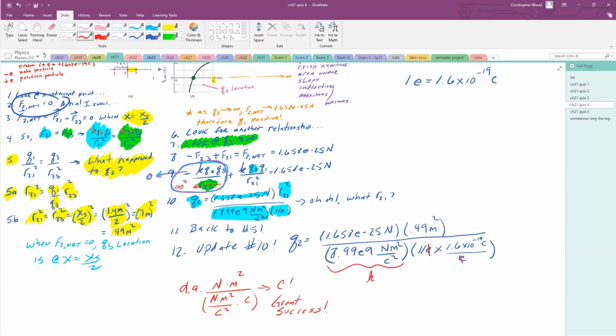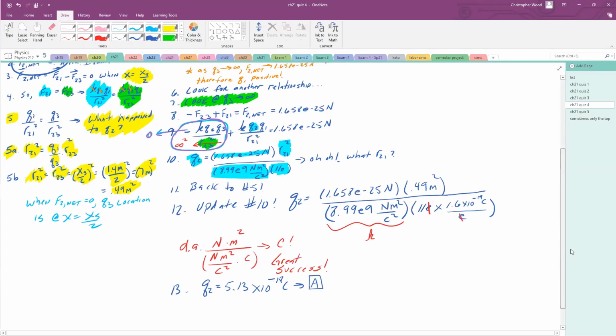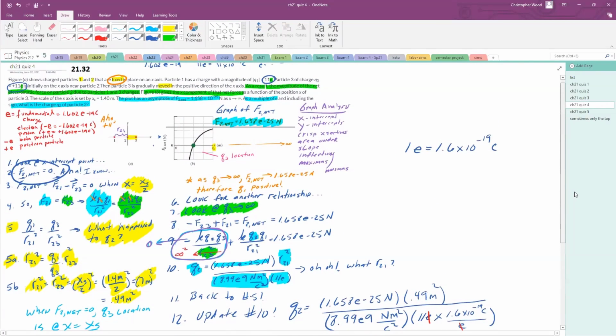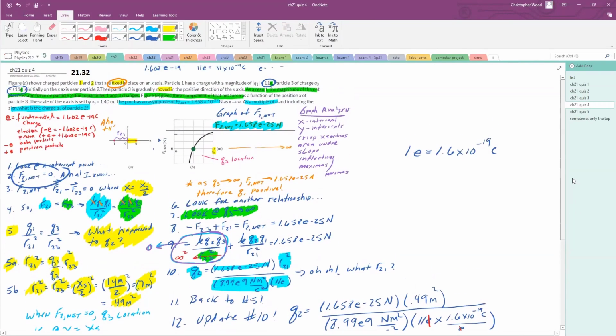All right, I got the same number twice. I get Q2 equals 5.13 and some change times 10 to the minus 18th coulombs. I'm putting that in calculator memory location A, but that's not the answer because the question said you have to express this in terms of fundamental charge units.